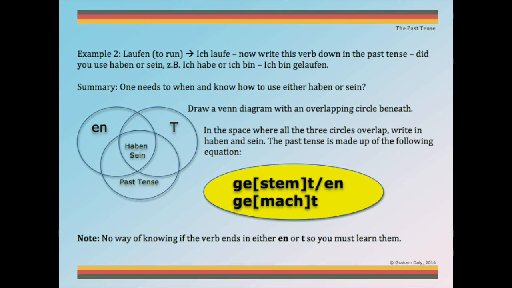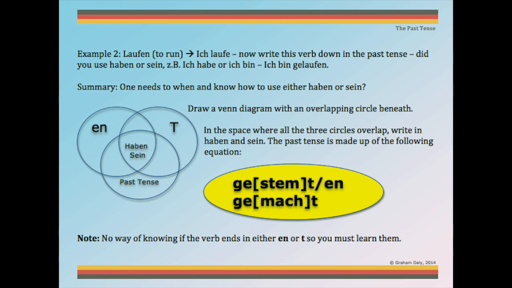And then you are going to shade in that common space that is shared between all 3 circles. Okay, so have you this done? Good. The reason why I asked you to do this is that in the middle, where the 3 circles meet, you have written haben and sein, and it's shaded to make it easier to see for you.